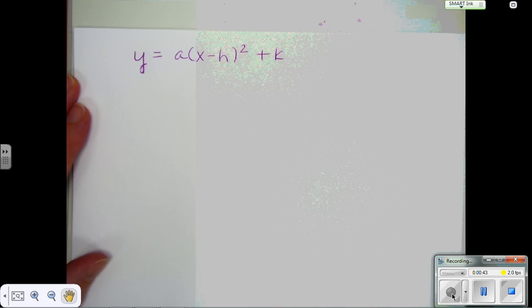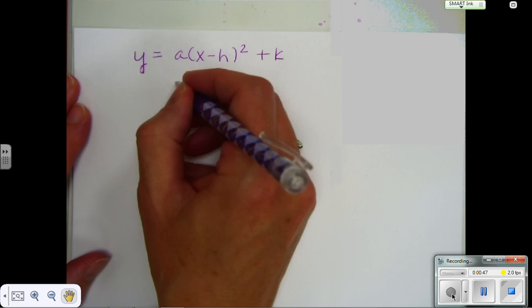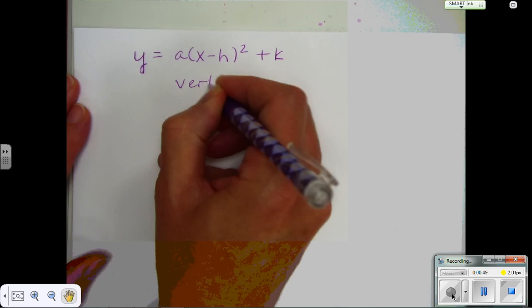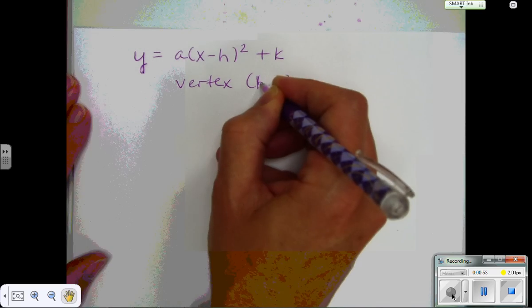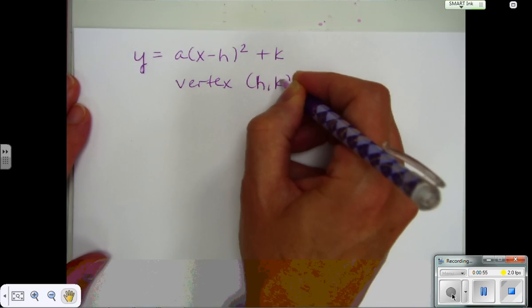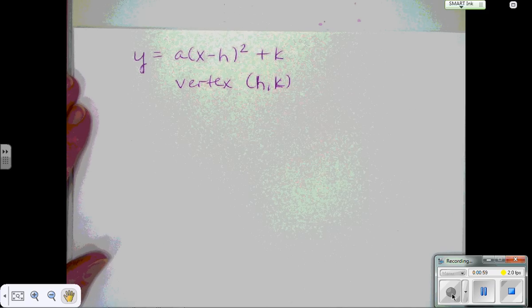Okay, so your h and your k represent the vertex. So h is the x coordinate and k is the y coordinate of the vertex.